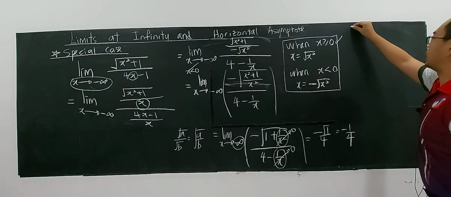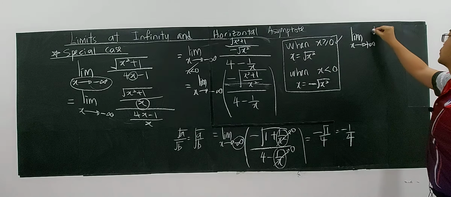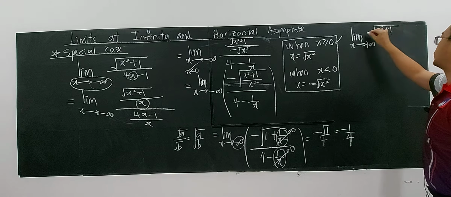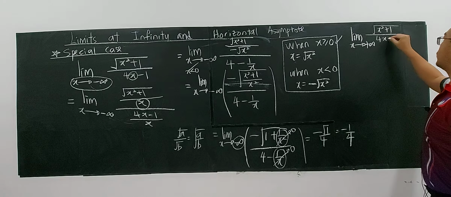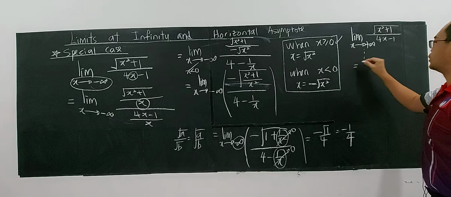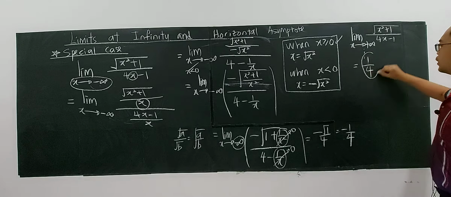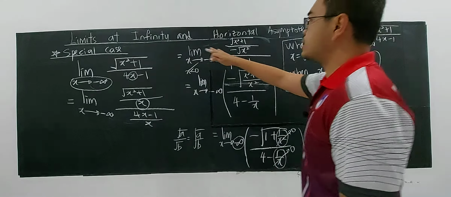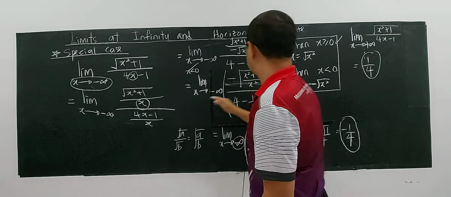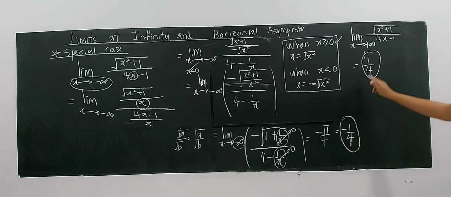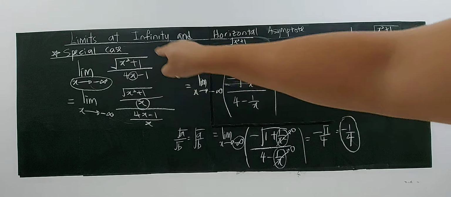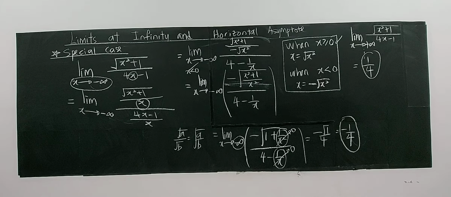But from the previous example, if you have positive infinity for this function, do you still remember what the value was? When you solved it, you got 1 over 4, and this one you get negative 1 over 4. So when you find the limits at infinity, the value represents the horizontal asymptote, the y value. In this special case, this function has 2 horizontal asymptotes.